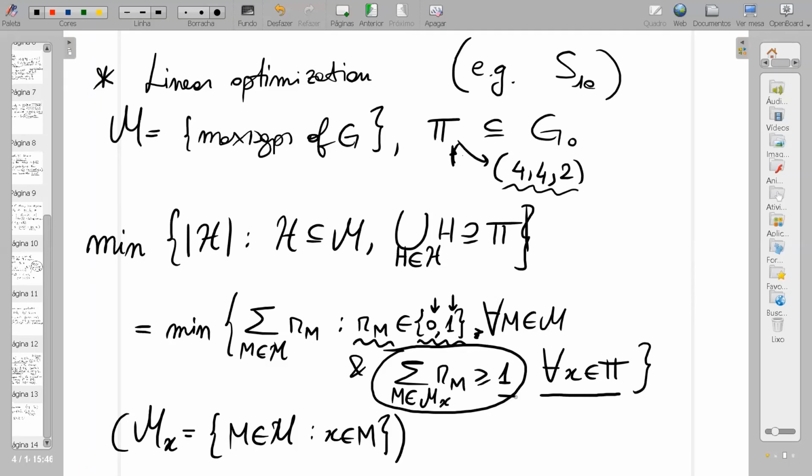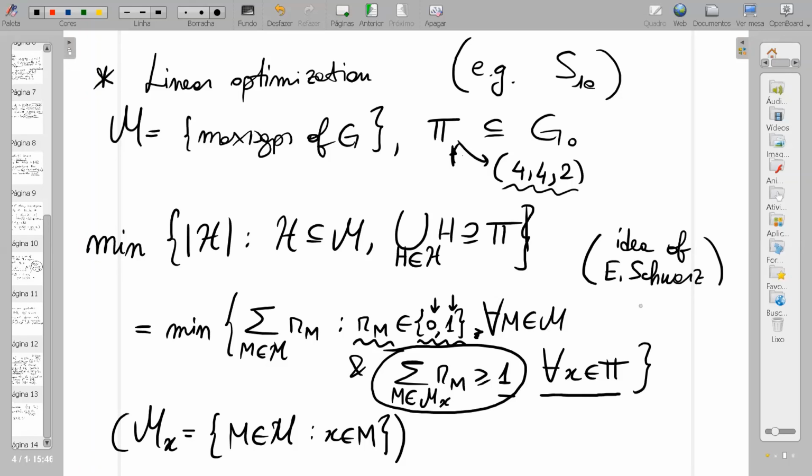So this can be solved using a linear optimization computer program, and it's interesting because I think it was the idea of Eric Schwartz.